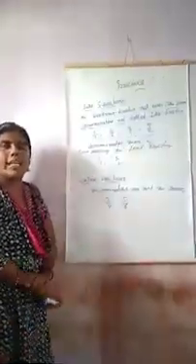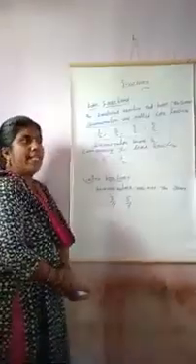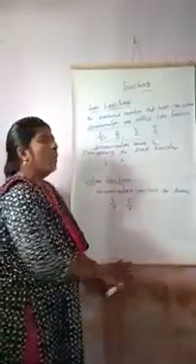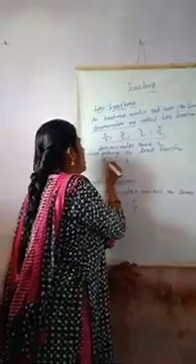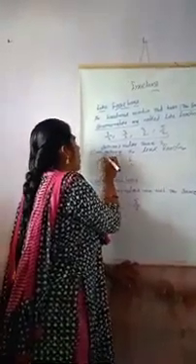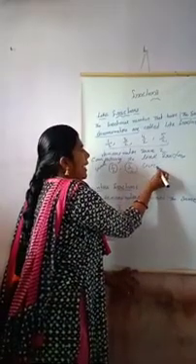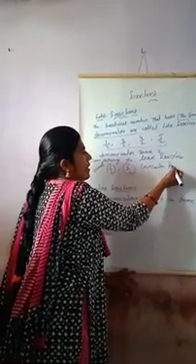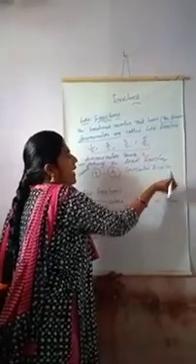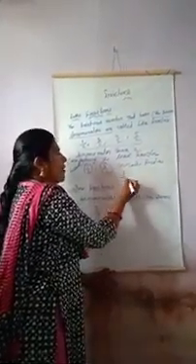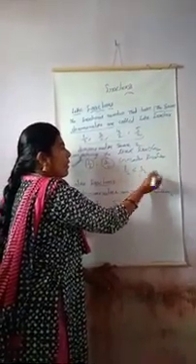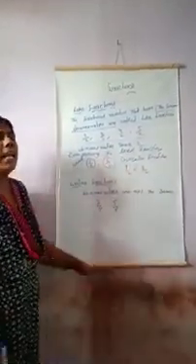Which fraction is greater? 1 by 2 is the smaller fraction. 3 by 2 is the greater fraction. Okay, is it clear?